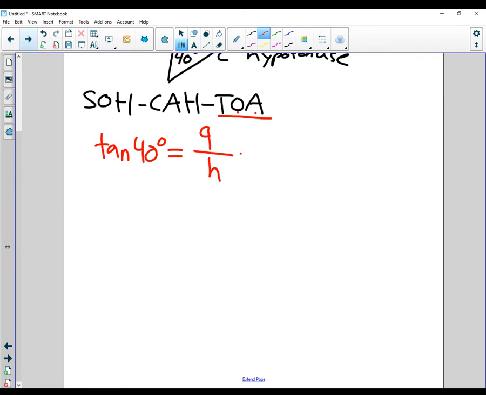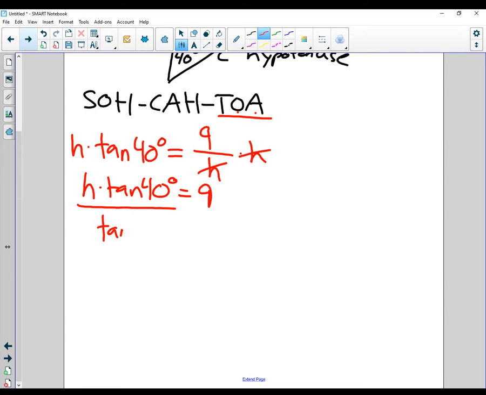Right, and then to solve, we don't like an h in the bottom when we're trying to solve for it, so multiply it over. We get h times the tangent of 40 degrees equals 9. Oh, and then remember the tangent of 40 degrees is just a number. And if we have a number times h and we want h by itself, we better just divide by that number. Right, if it was 3h, we would divide by 3.